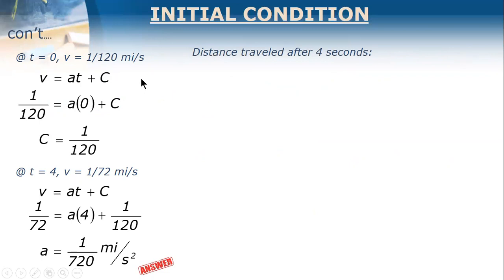And we all know in physics that to solve for distance, we need v, since velocity is the rate of change of distance with respect to time. So v is equal to ds over dt. Velocity is the rate of change of distance with respect to time. So cross multiply, you have ds equal to v dt, and then you integrate.